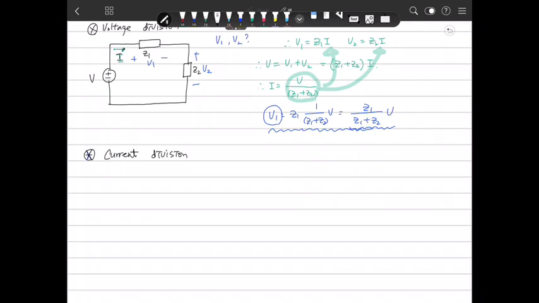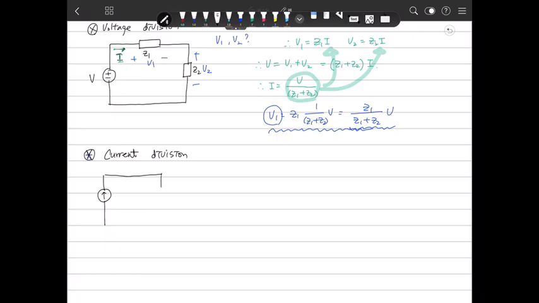So when the impedances are connected in series, the voltage of each impedance is divided by the impedance. In a similar way, in the same manner, when the impedances are connected in parallel, then the current is divided here.